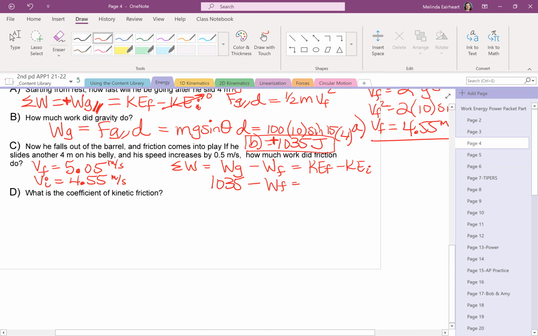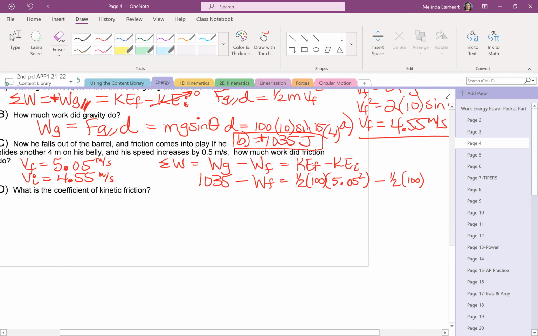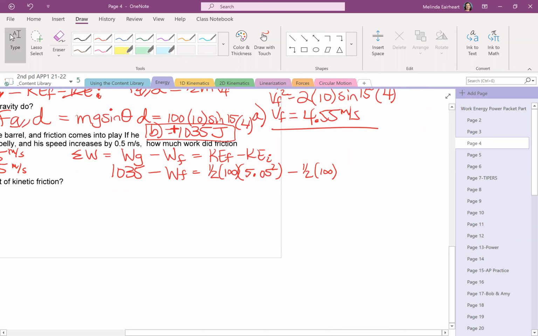Kinetic energy, 1/2 m v squared. It's the same mass, but now my final speed is 5.05. Don't forget to square it. And you can factor out the mass. Just make sure you don't mess up the v_f squared minus v_i squared. Don't subtract and then square. Square, then subtract.